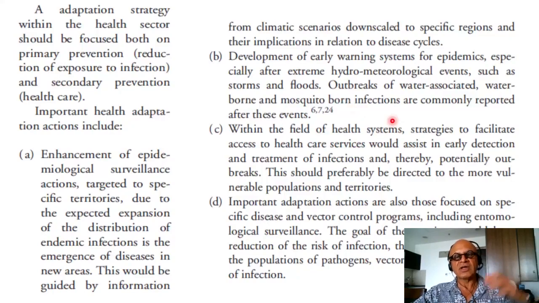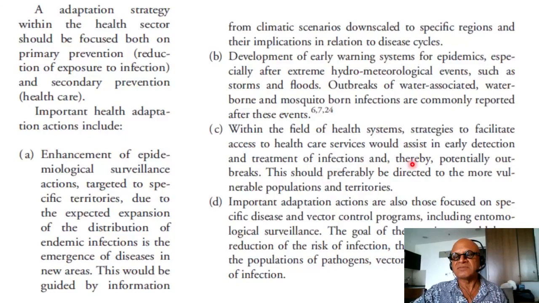So you cannot avoid large-scale hazards like extreme rainfall events. They are controlled by global dynamic factors, but how you control the minimization of the explosion of diseases and how you do primary and secondary prevention is very critical in terms of adaptation.